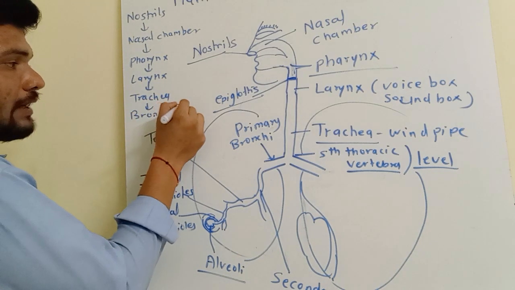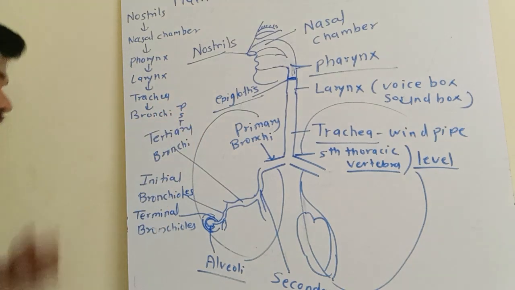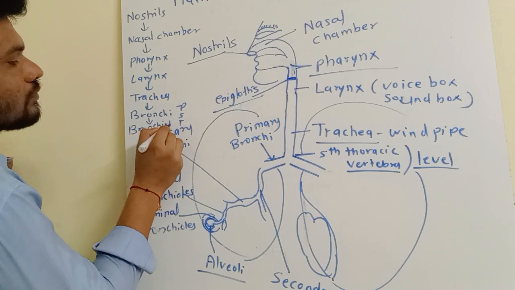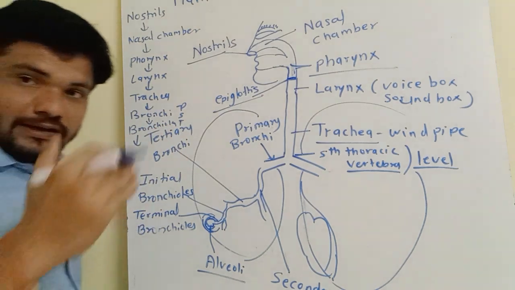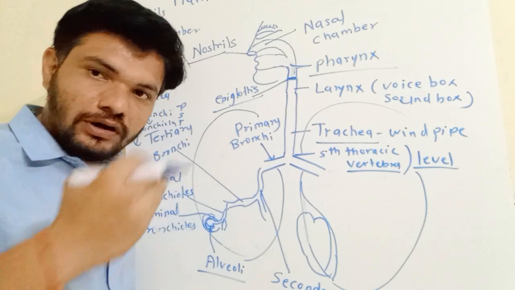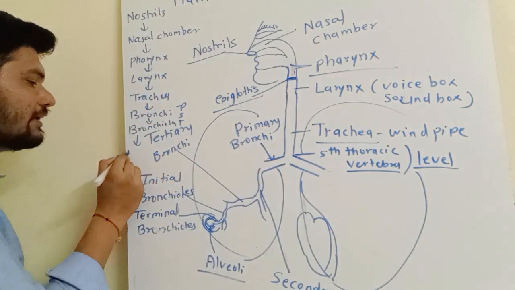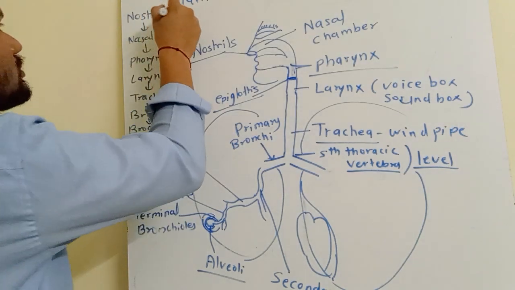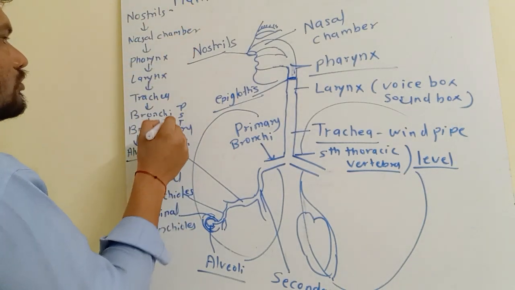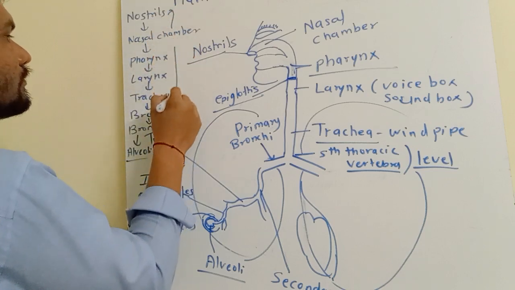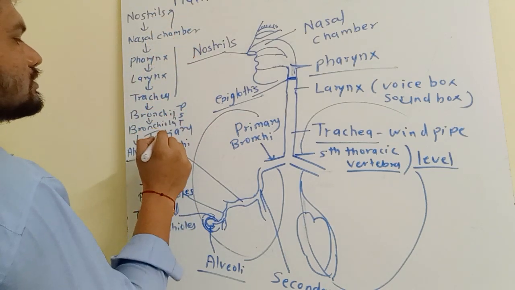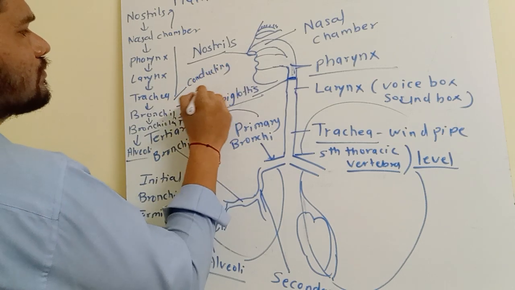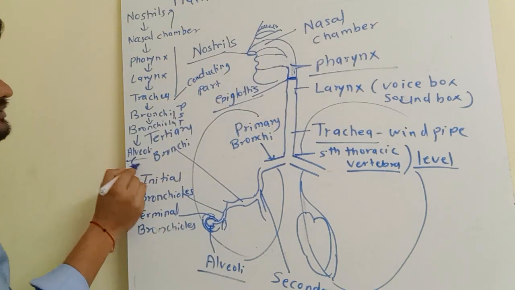Here you have to remember primary, secondary, tertiary bronchi, and then bronchioles: initial bronchiole, terminal bronchiole, then finally alveoli. From nostril to bronchioles is the conducting part, and your alveoli is your exchange part.